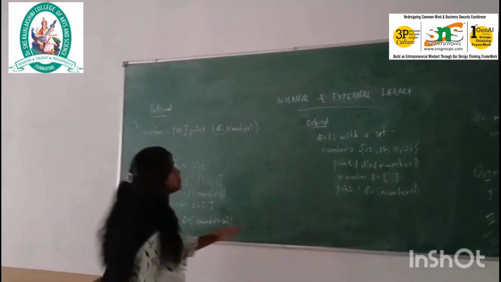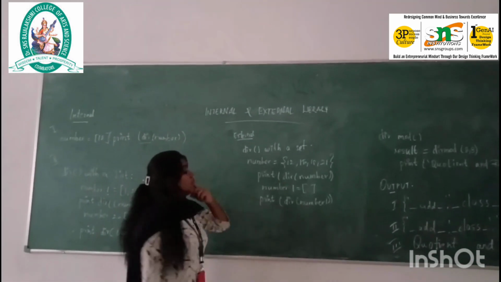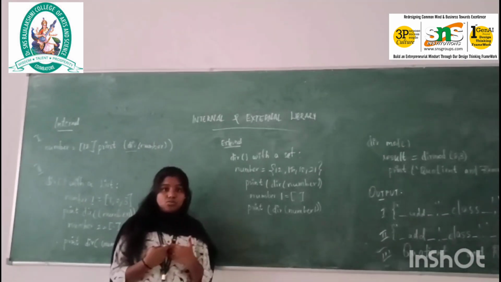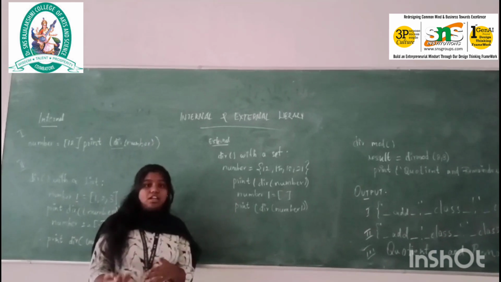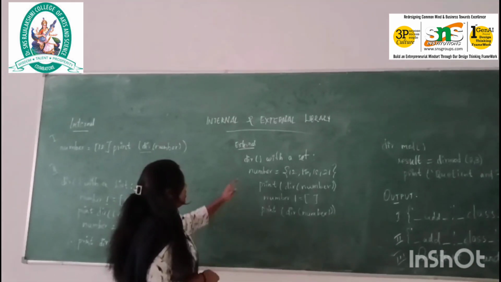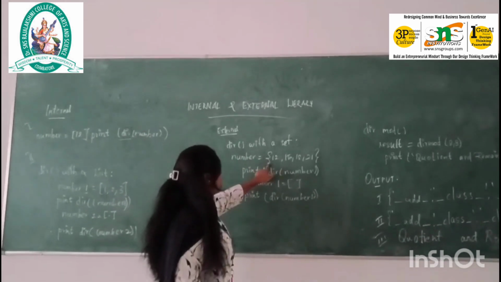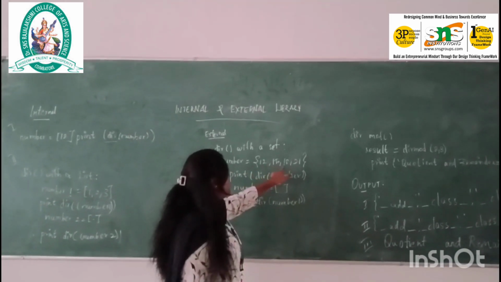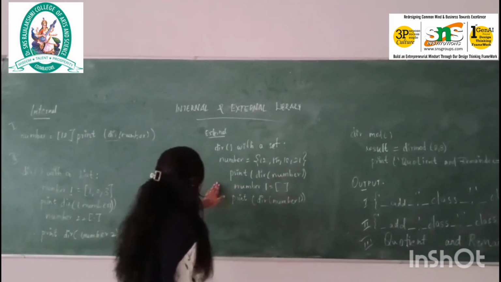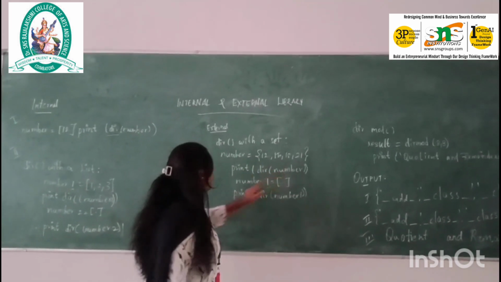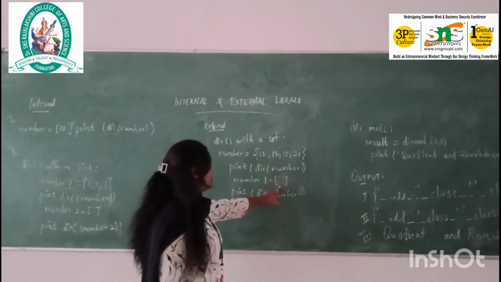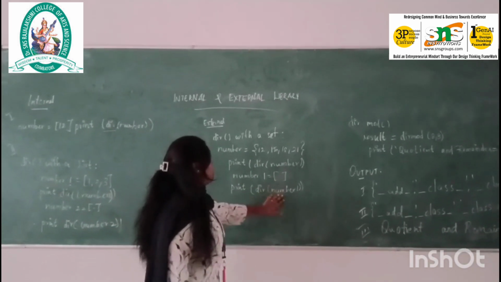And now I am going to explain external libraries, which we should install after installing Python. Here is a set of numbers consisting of 12, 15, 18 and 21. Print dir of these numbers, and number1 we should print, and print dir of number1.